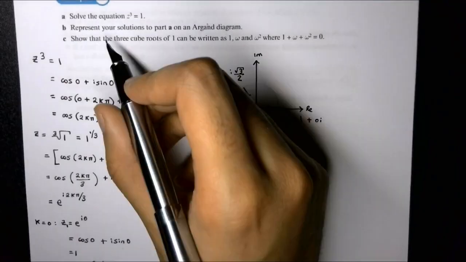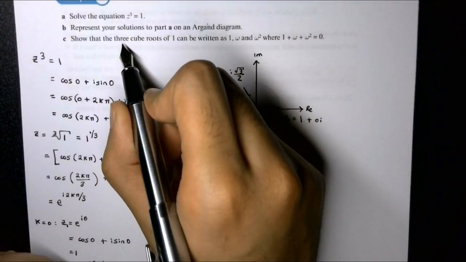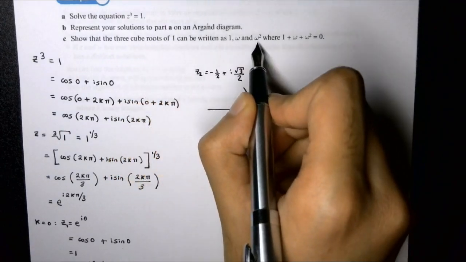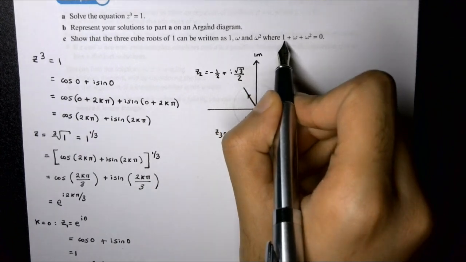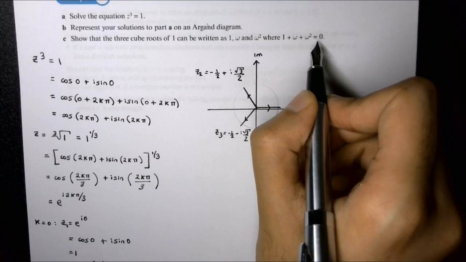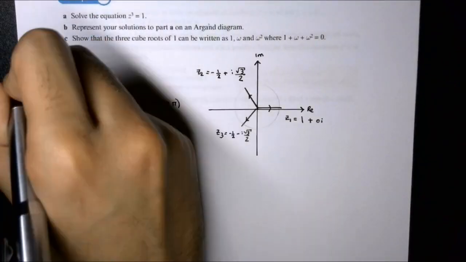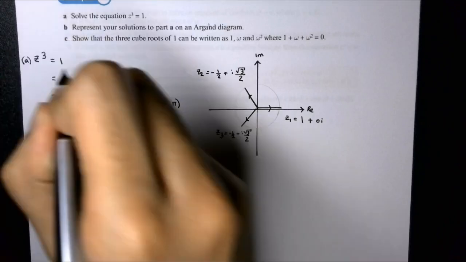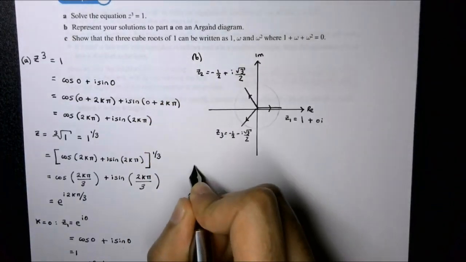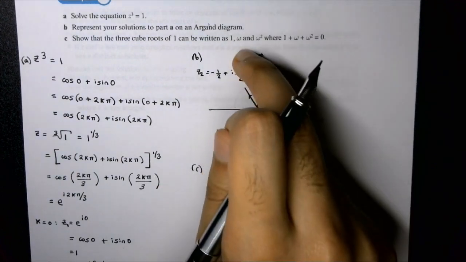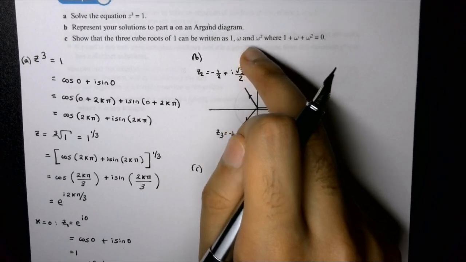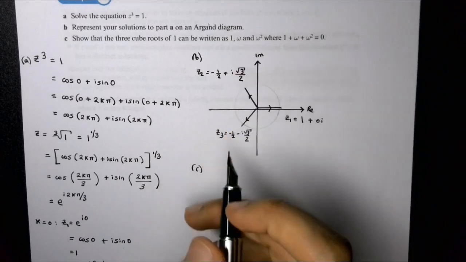Now for part C, we have to show that the 3 cube roots of 1 can be written as 1, omega and omega squared, where 1 plus omega plus omega squared is equal to 0. So here we've got part A completed, part B completed, and now part C. The way we can approach this is to let omega equal one of the roots.